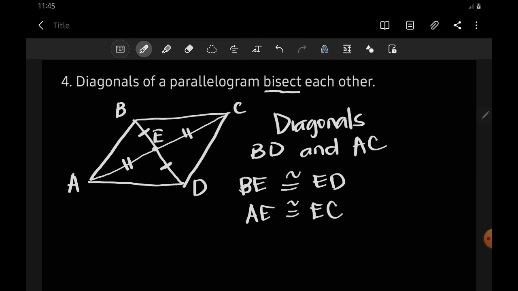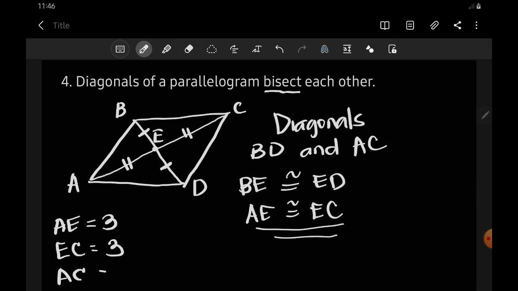For example, the measure of AE is 3. Since they are congruent, EC is also 3. If we are going to get the value of AC, we just add them, kasi yung kabuuan ni AC ay pinagsamang AE at EC.